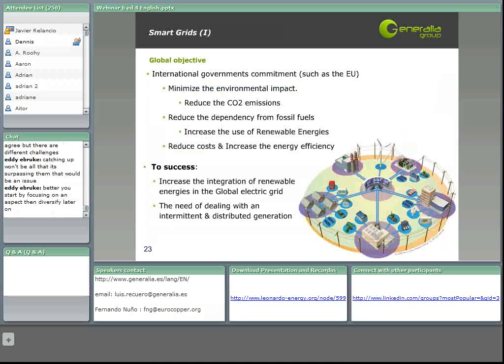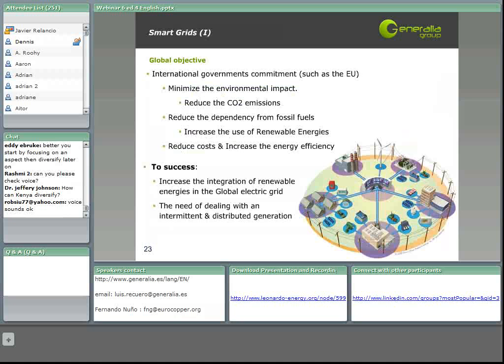The main objectives are to minimize the environmental impact, to reduce the dependency from fossil fuels by increasing the use of renewable energies, and to reduce the cost and increase the energy efficiency by giving to the final user more tools on how to improve their energy efficiency.